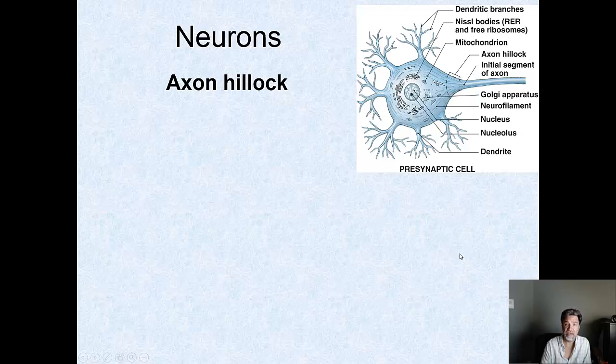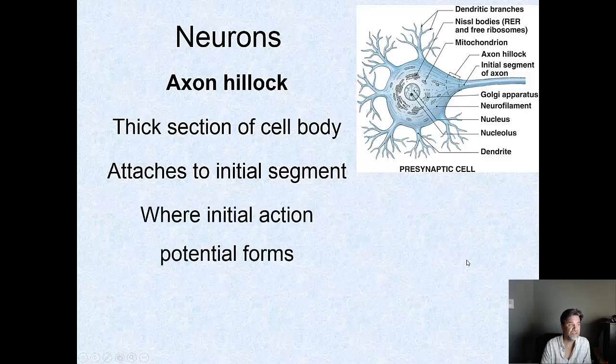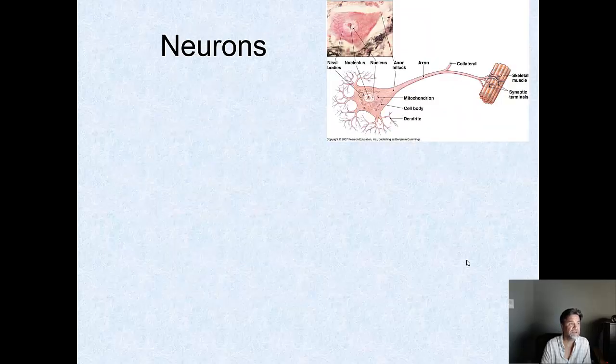This is where the action potentials are actually generated. And so it attaches to the first part of the axon called the initial segment. And so these two together work to begin the action potential and then get it localized into the axon.